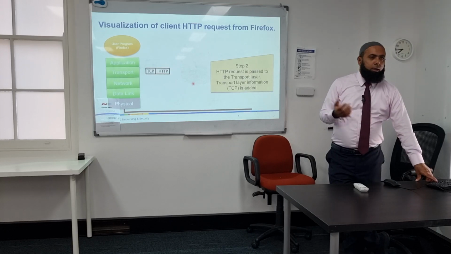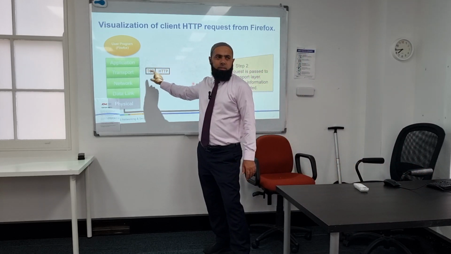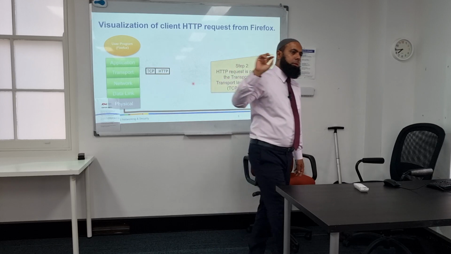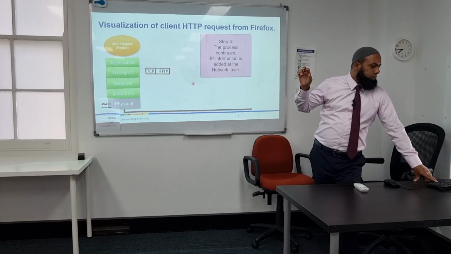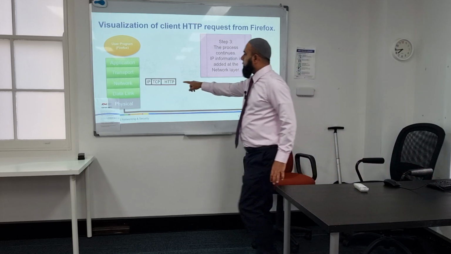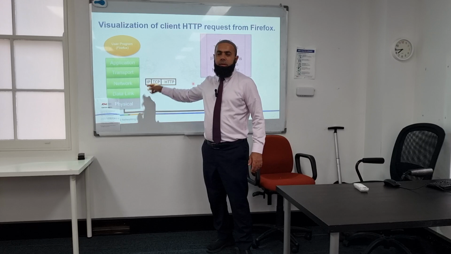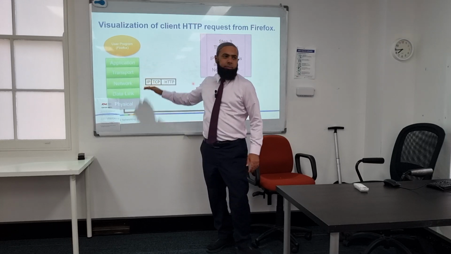Second step, on the transport layer, a TCP header is added. That's header number 2, which is on the transport layer. Then in step number 3, we have the internet protocol, which is on the layer, if we say this is 5, 4, and 3.